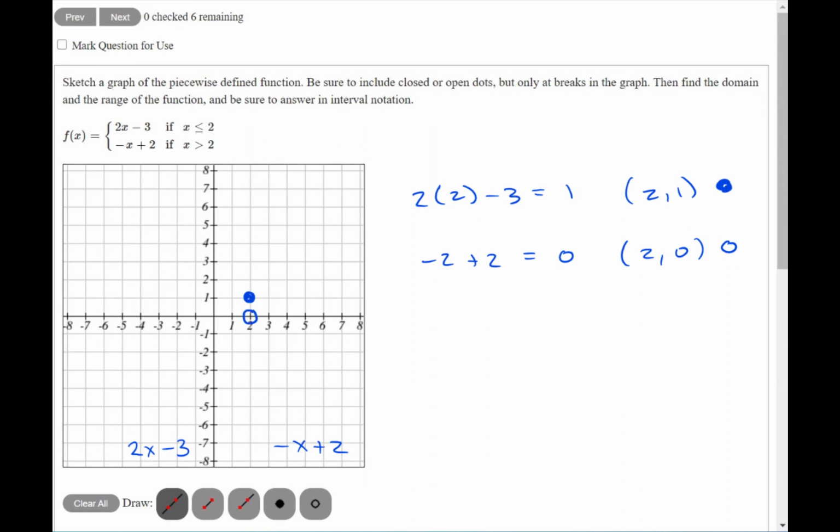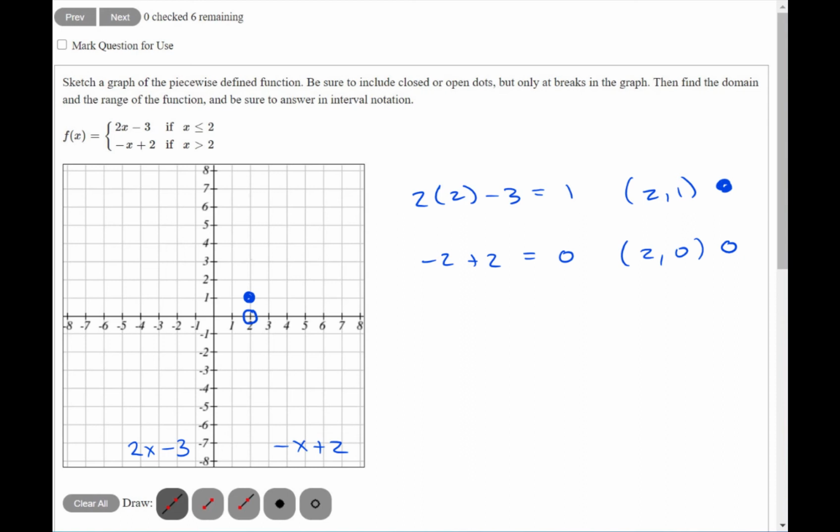All right, now from here, in order to graph a line, all you need is a point on the line and what its slope is. Generally you're starting with the y-intercept, and that's great, but the y-intercept isn't necessarily on your graph any longer. So that's why I'm using these boundary points instead.